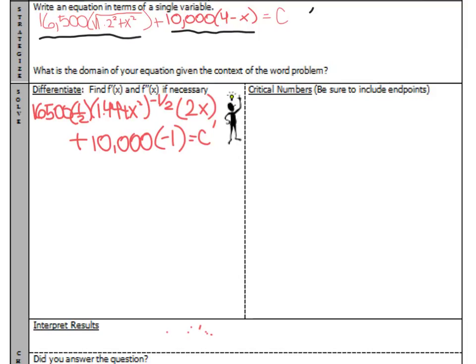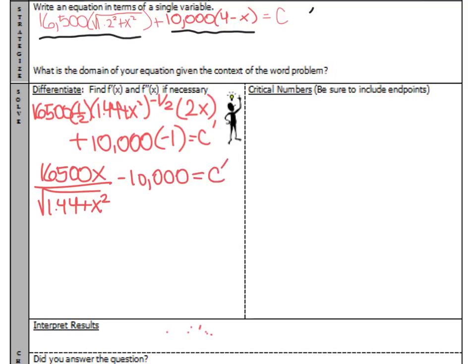Now if I clean up this function a little bit, then I should end up with 16,500x all over the square root of 1.44 plus x squared minus 10,000 is equal to the derivative of the cost. Now, to find the critical numbers, we set the derivative equal to 0 and find where the derivative is undefined.